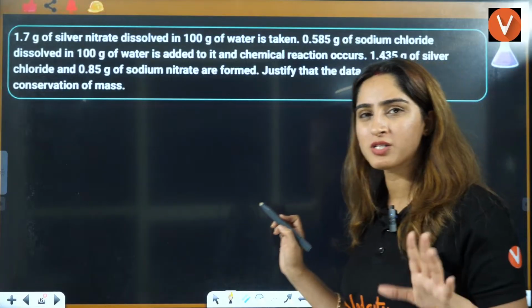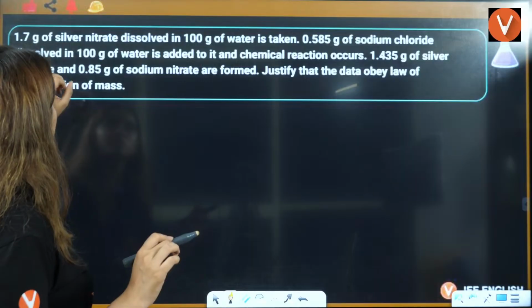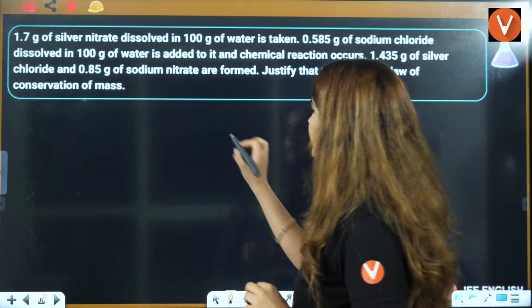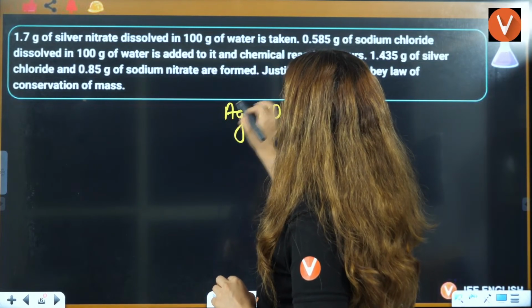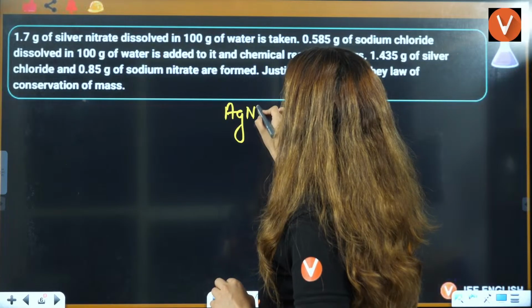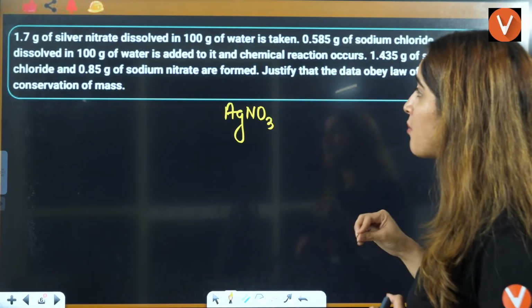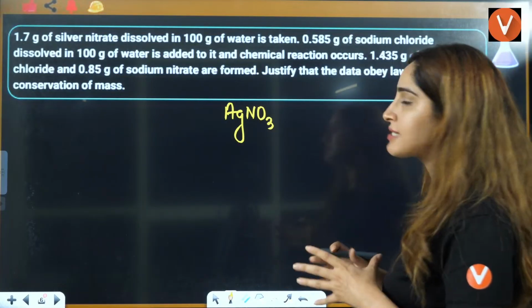Now, to understand things, we also need to go through the questions. The first question is: 1.7 gram of silver nitrate. Silver is Ag, nitrate is NO3 negative, so this will form AgNO3. They are saying that 1.7 gram of silver nitrate dissolved in 100 grams of water is taken.